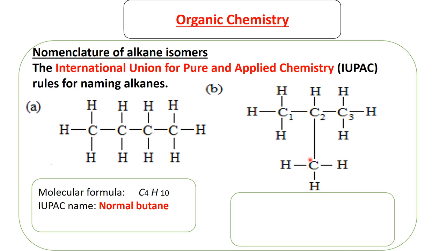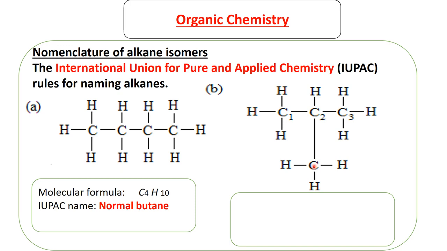Then we have this group, which is methyl, so it's going to be 2-methyl. Then the longest chain: 2-methyl propane. Between the number and the group, you put a dash.